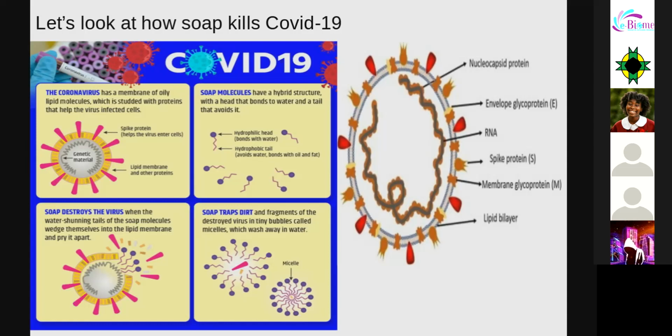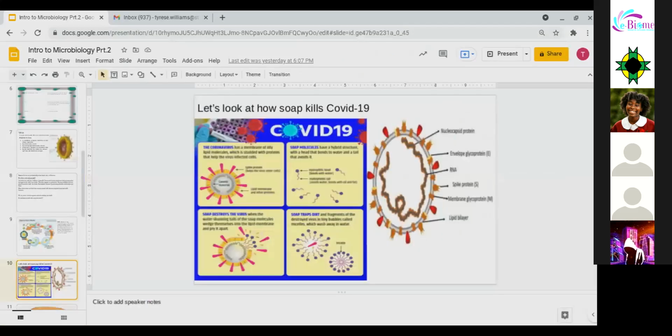When you add the water, the soap starts to pull it apart because the hydrophobic tail is trying to get away from the water. Has anyone tried the experiment where you put oil and water in a cup? What happens to the oil? It floats on top of the water because oil is hydrophobic. Oil hates water.